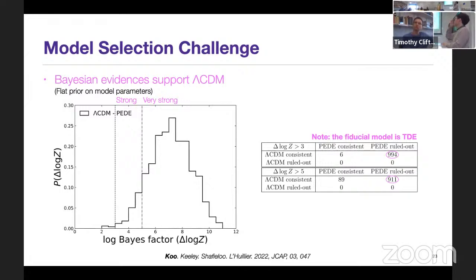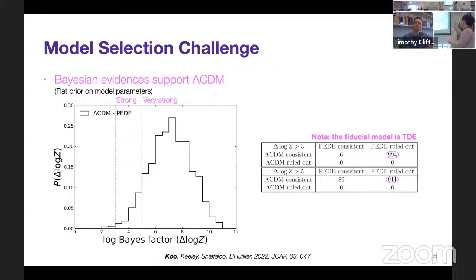For the first one, Bayesian evidence shows the distribution of delta log Z like this. I used 1,000 mock realizations, and that's why this is the distribution of delta log Z. If you look at this, you can see that in all of the cases, delta log Z is larger than 1, which indicates positive evidence for all cases.